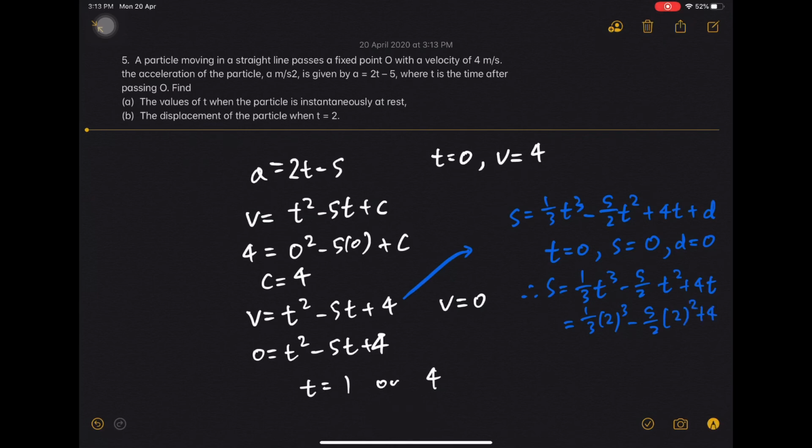We're going to press this in the calculator. Okay, sorry, this is 2 seconds, right? Then we're going to get our displacement to be 2 over 3 meters. And there you go, you found the displacement when the particle took 2 seconds to travel from point O.